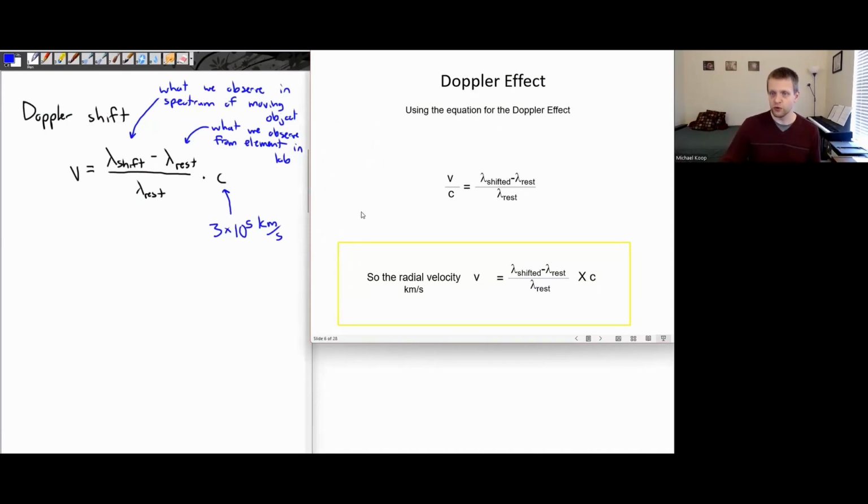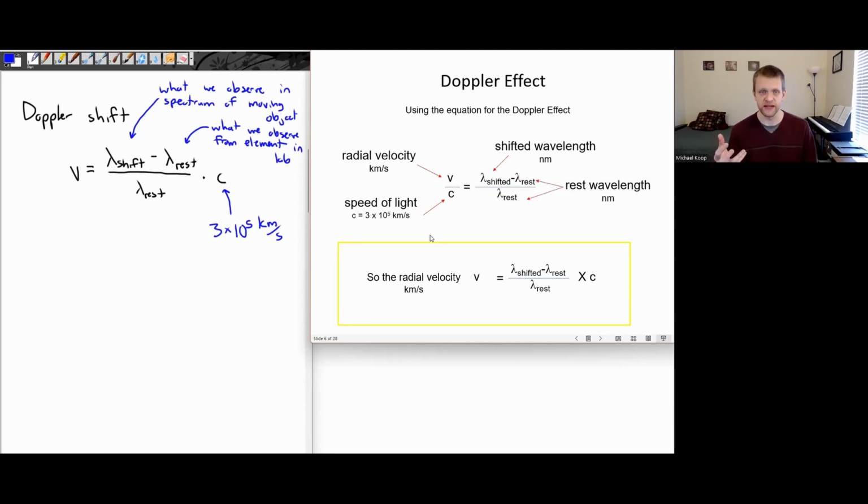So again, for this Doppler shift equation, we can divide both sides by c if we want. We have that radial velocity in kilometers per second. We have the speed of light, 3 times 10 to the 5 kilometers per second. This shifted wavelength is when we look at the spectrum of some distant object that may be moving, where do we find these particular wavelengths, the wavelengths of these particular kinds of elements?